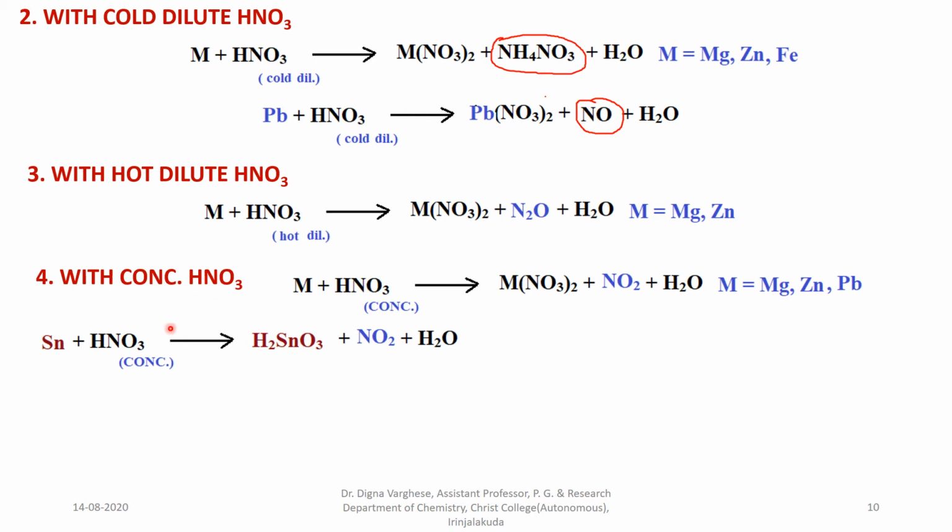But when tin reacts with concentrated nitric acid, it will give stannic acid, metastannic acid, with nitrogen dioxide and water.